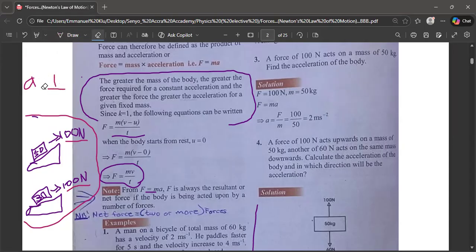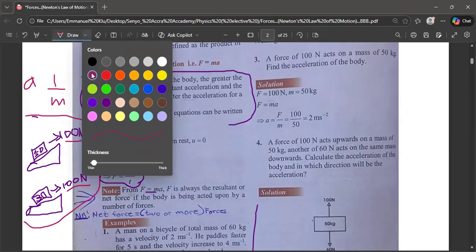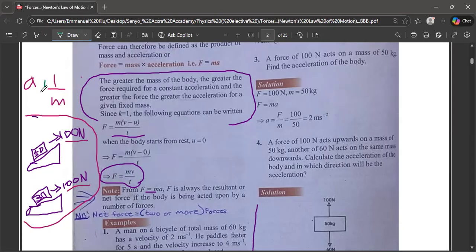So let me clean this and put the proportional sign for inversely proportional to the mass. So this is the proportional sign. I hope you now get the whole concept.